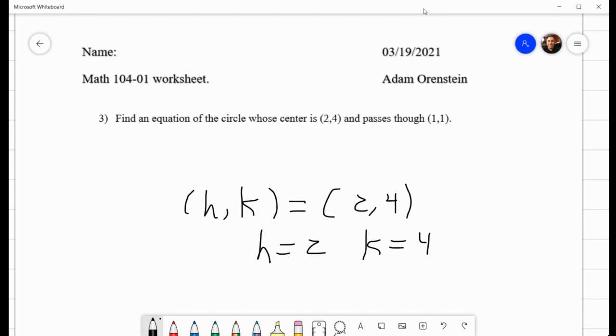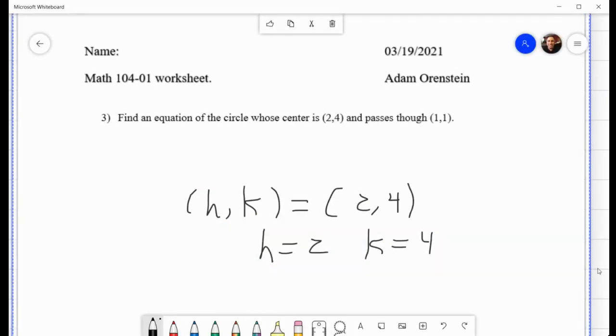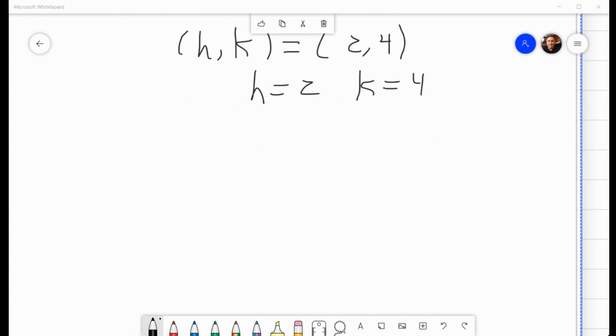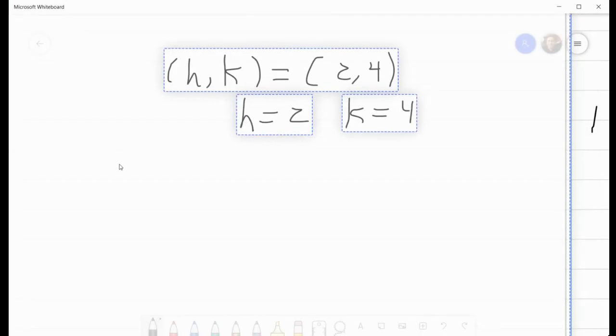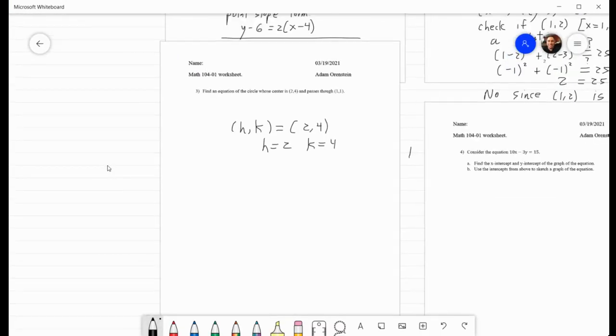If you look at the general format of the equation of a circle, that tells us at least that the circle is going to look like x minus 2 squared plus y minus 4 squared.